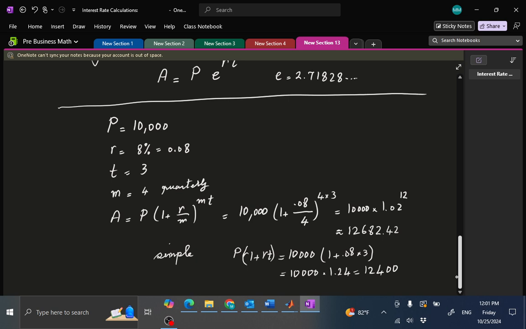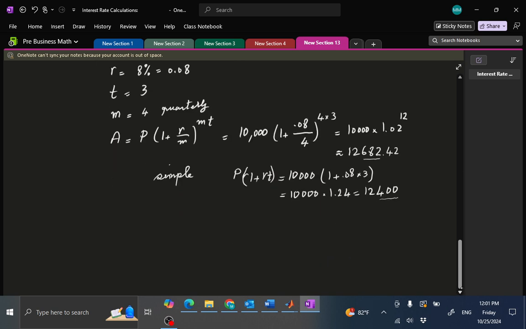Notice simple interest is always lower than any kind of compound interest.